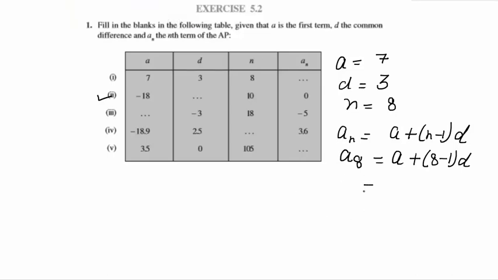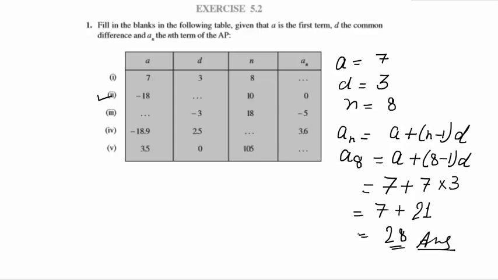A8 equals A, that is 7, plus (8 minus 1), that is 7, into D. Here D is 3. So this will become 7 plus 21 equals 28. So this will be your answer.